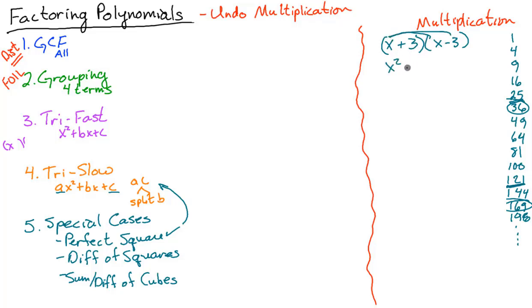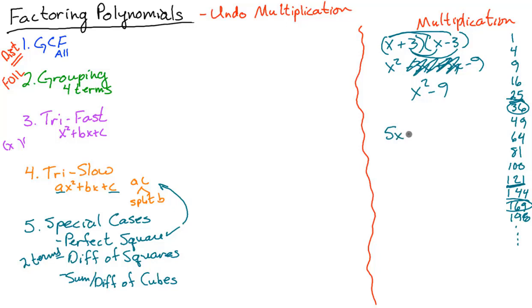X squared minus 3x plus 3x minus a 9. Notice what happens to these middle terms. Instead of doubling together, they're opposite signs, so they went away and you were left with two terms. That's important. This is two terms right here. And you ended up with a subtraction sign in the middle between a perfect square and a perfect square. Let's try another one.